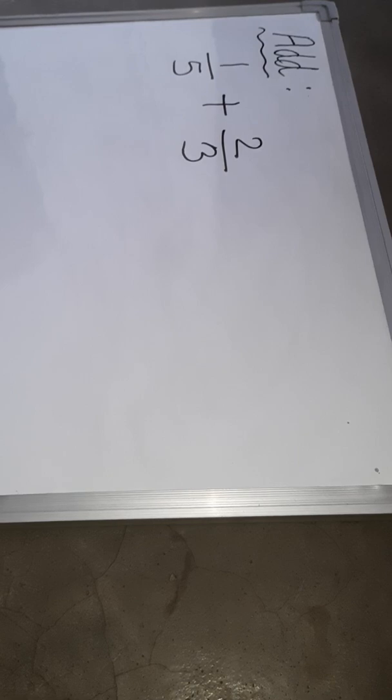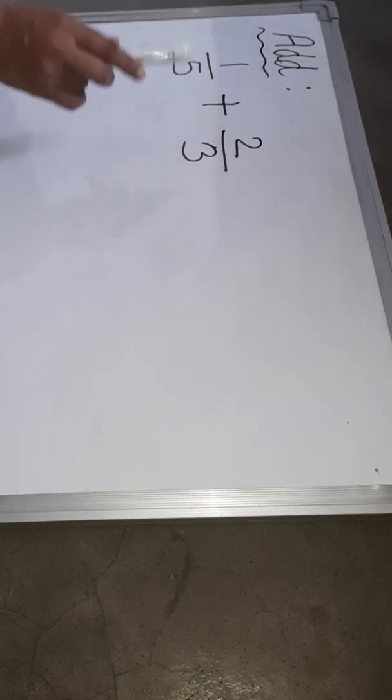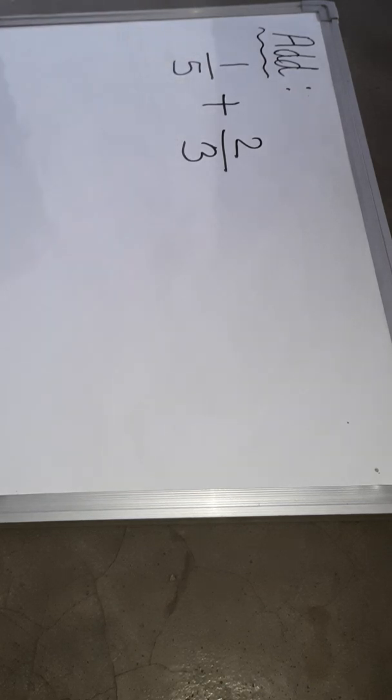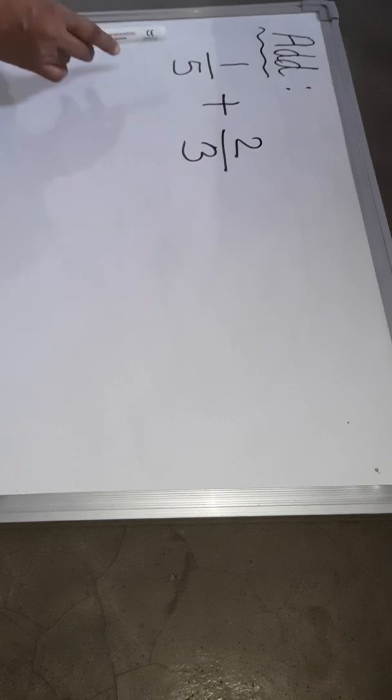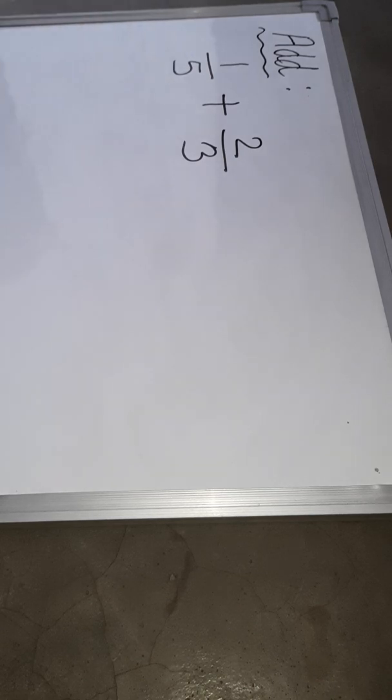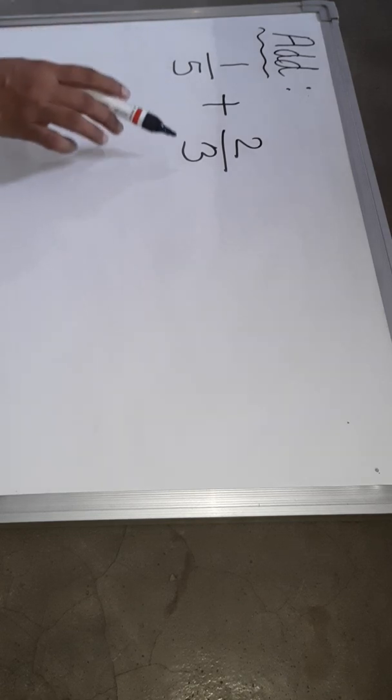So, the first step is to make both the fractions like. Means you have to convert the given unlike fractions into like fractions. Second step, how to convert it into like fractions? You have to find the LCM of the denominators.